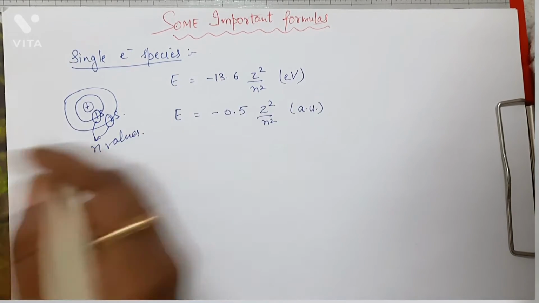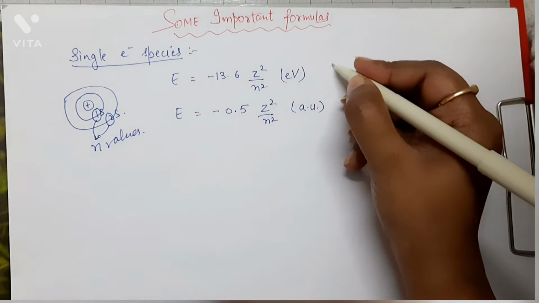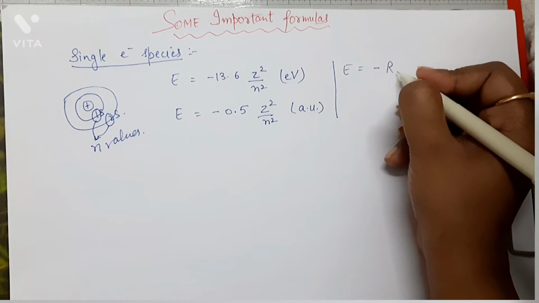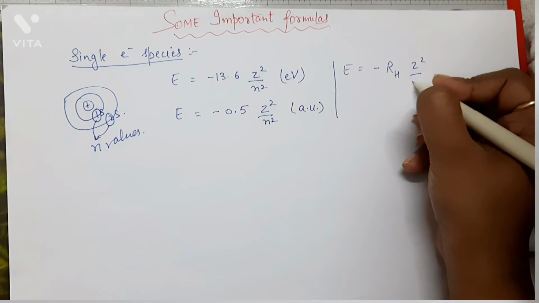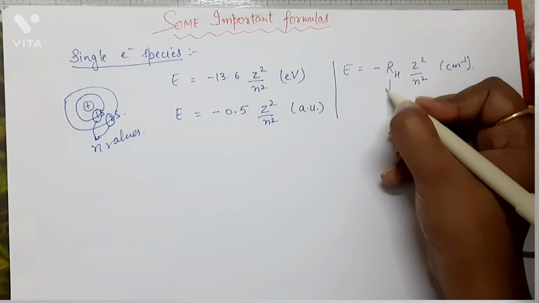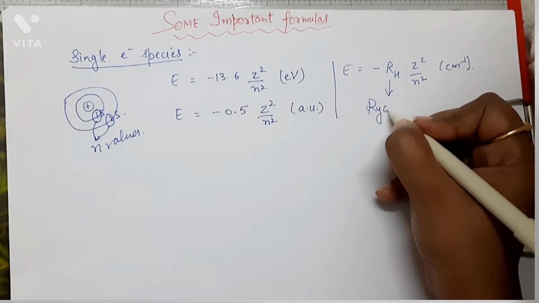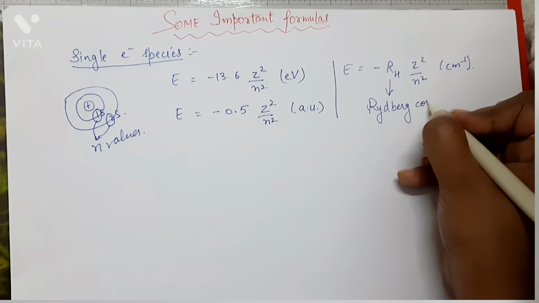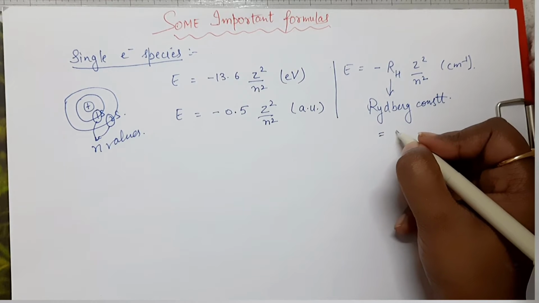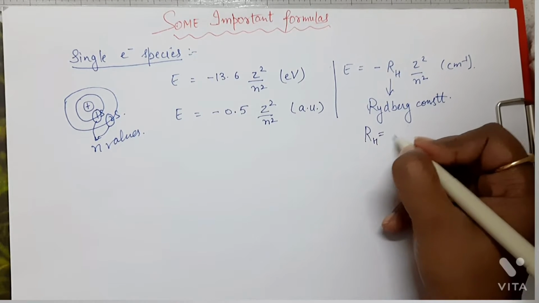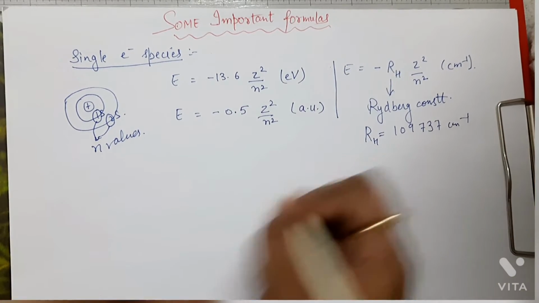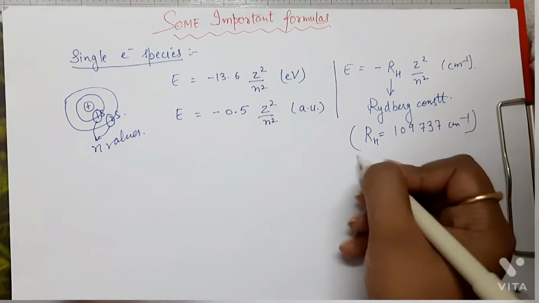Now the next formula could be energy is equal to minus RH into Z square by n square in centimeter inverse, where this RH is known as the Rydberg constant, and RH has a value of 109,737 centimeter inverse. Okay, so this is the value of the Rydberg constant.